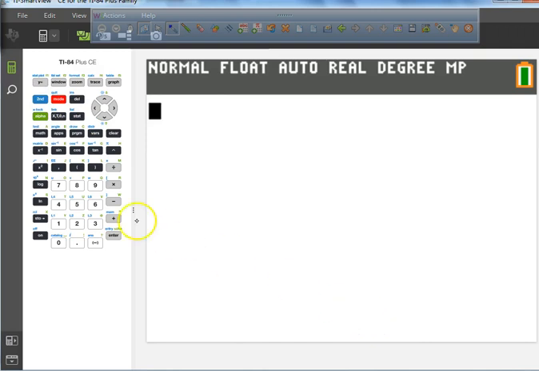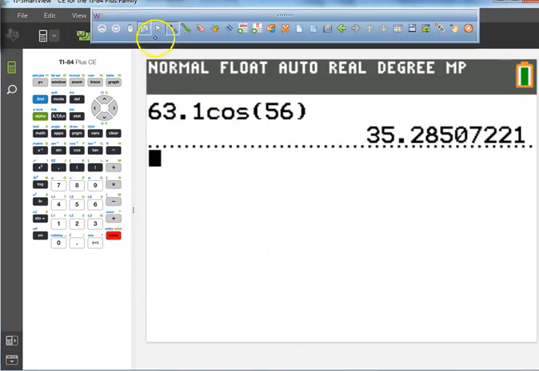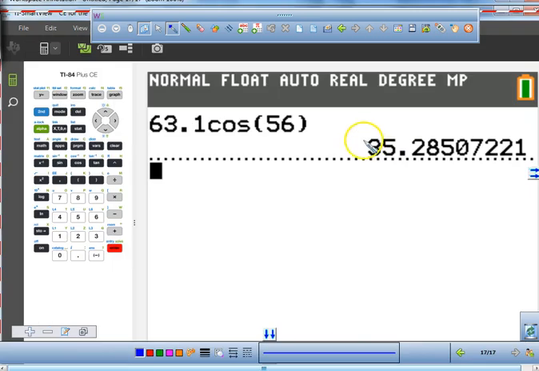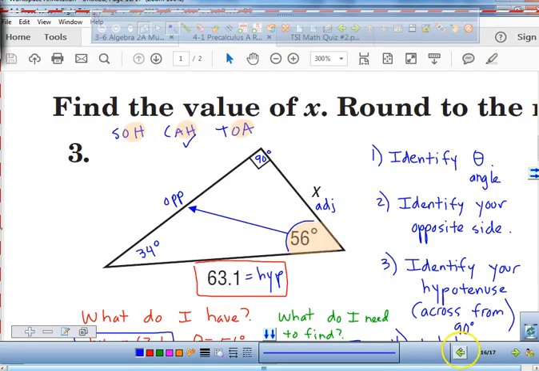And then you can type in 63.1 times the cosine of 56, because the calculator knows that 56 is the measure of the angle. And then you press enter. And what do you get? 35.3, which is your approximate answer for the length of that side.